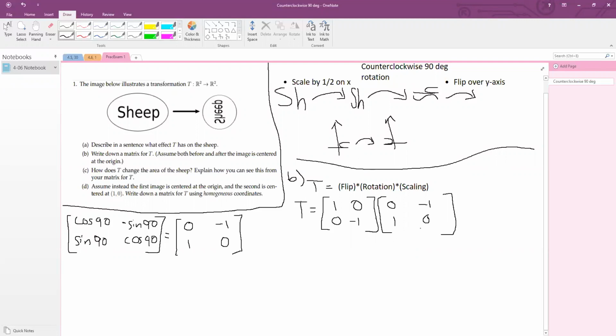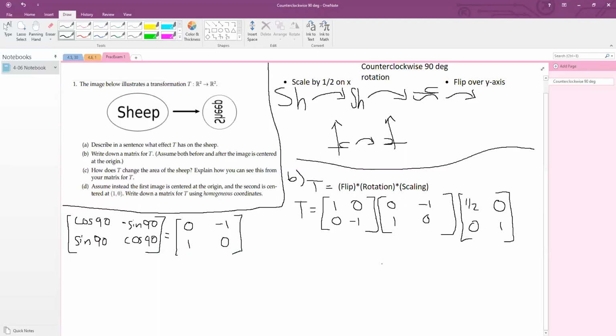We also need our scaling matrix now. We're talking about scaling in the x direction, right? So the only thing we need to worry about is this 1/2 in the x spot here, and everything else is just going to be the identity. So that is your scaling matrix format.